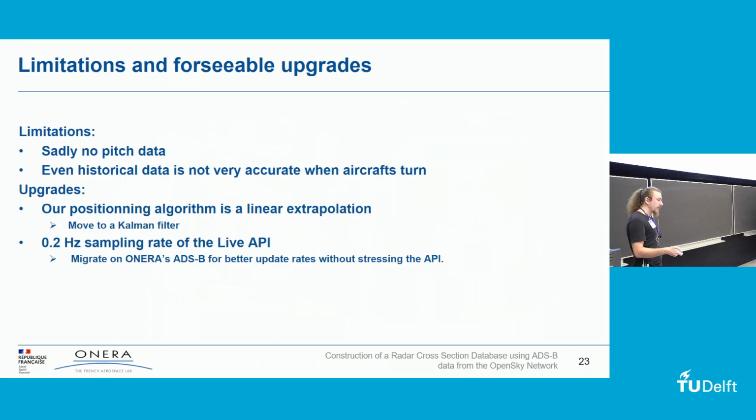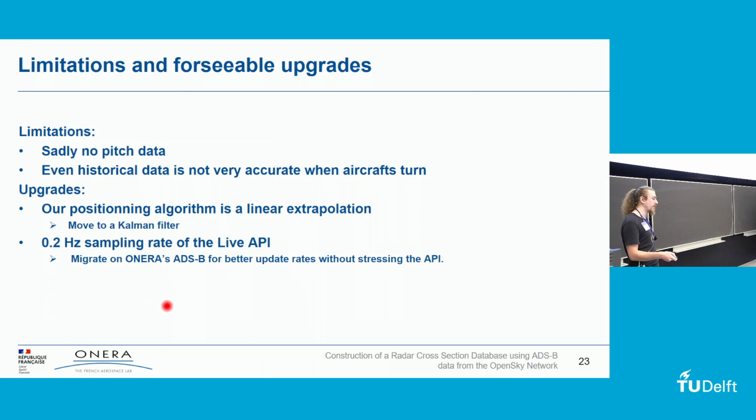Finally, some limitations and foreseeable upgrades for our database. Sadly, we do not have any pitch data, but if airlines want to provide that, we would be happy. Even ADS-B data is not very accurate during aircraft turns. Our positioning algorithm for the turret uses a linear extrapolation, which is not very good.